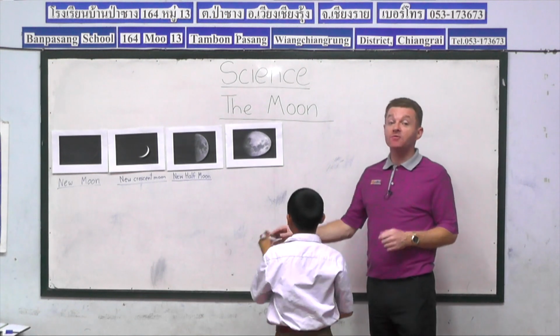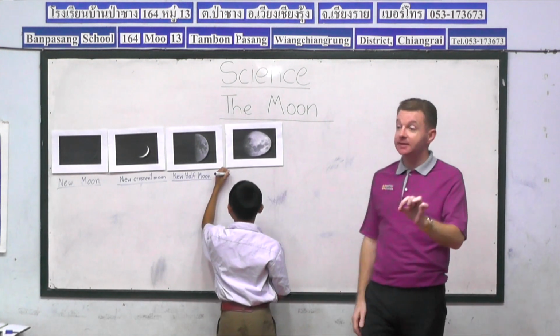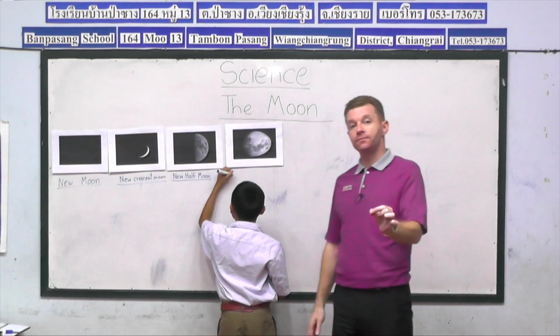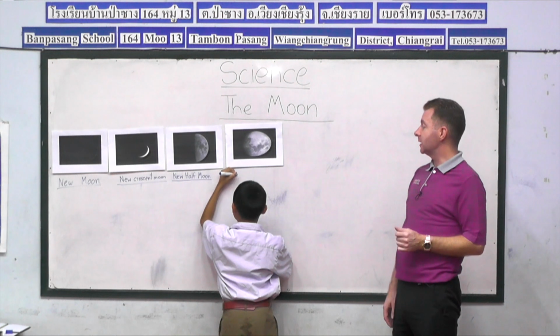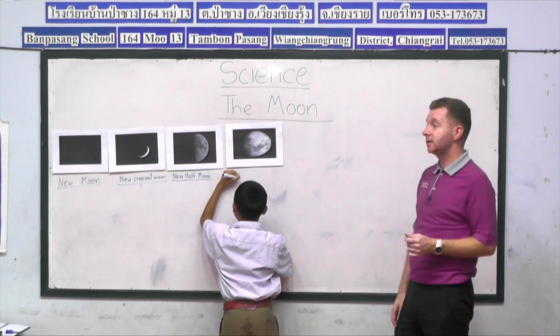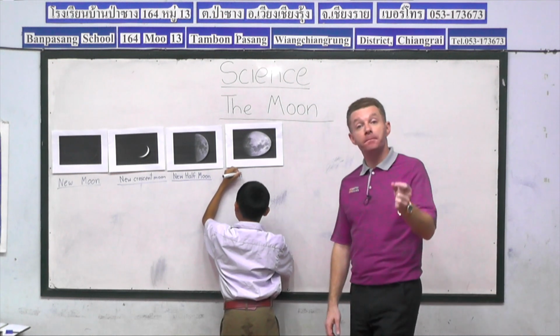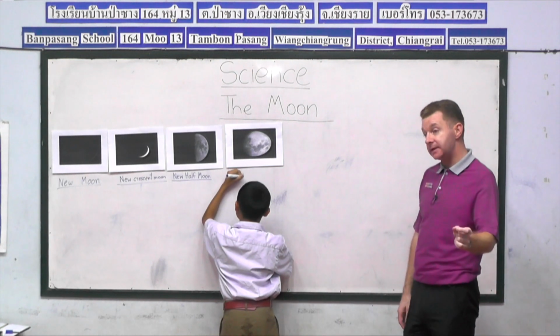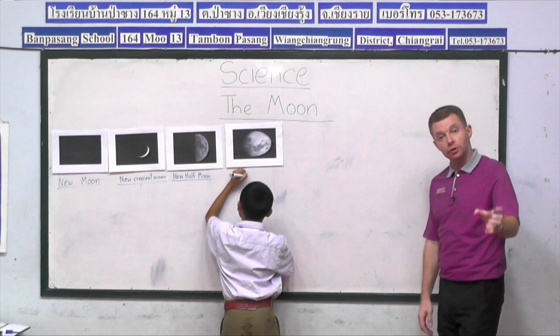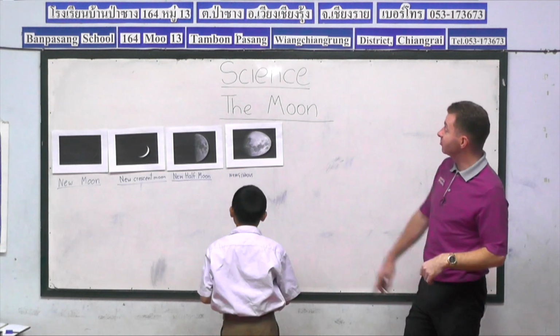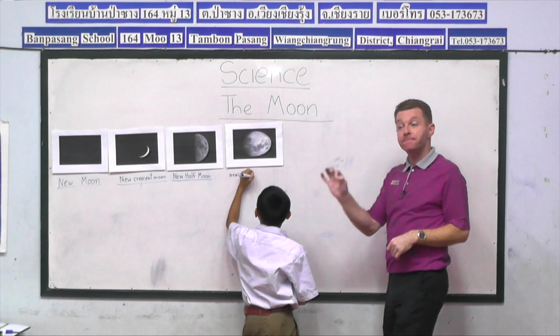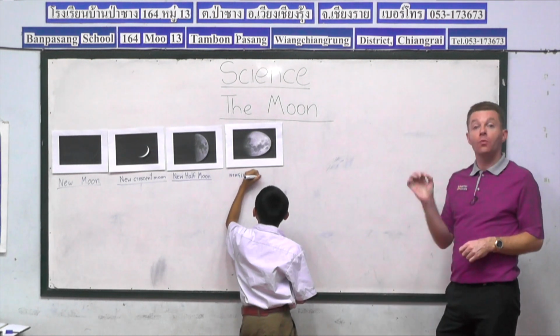So once again, we've got new, N-E-W, but this time, gibbous. Gibbous is spelled G-I-B-B-O-U-S. And then to finish, we've got the moon again, M-O-O-N.